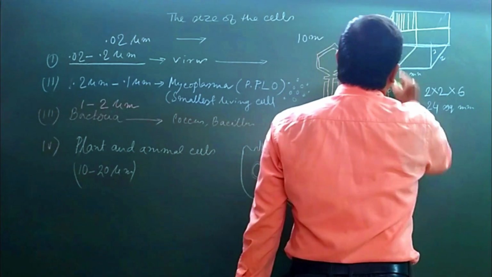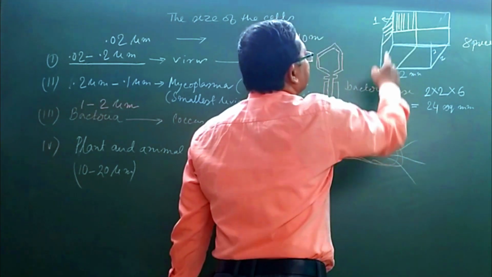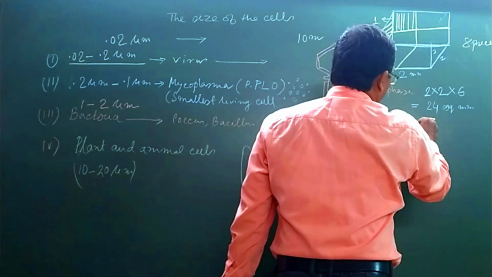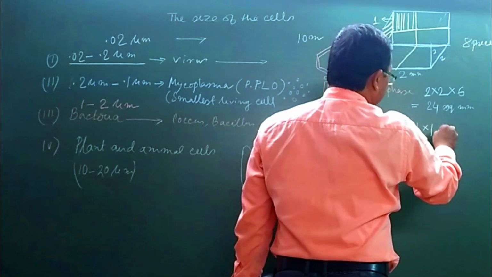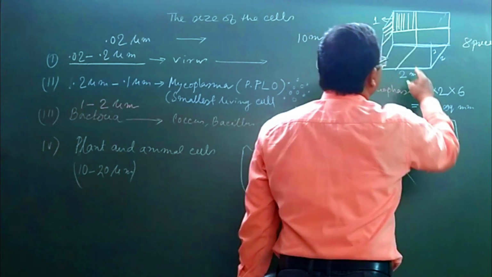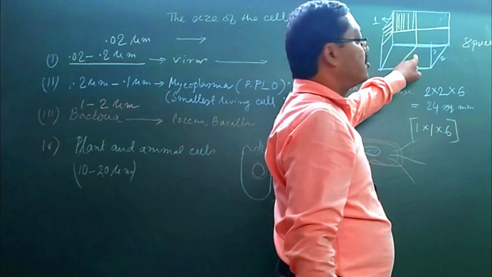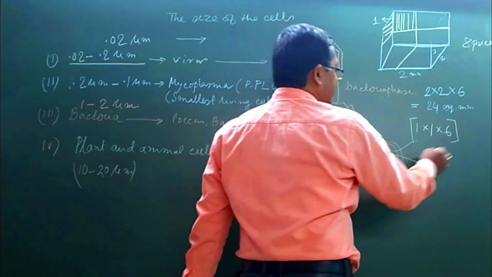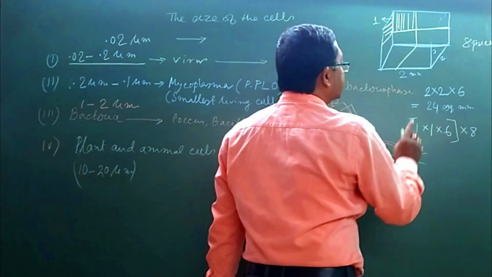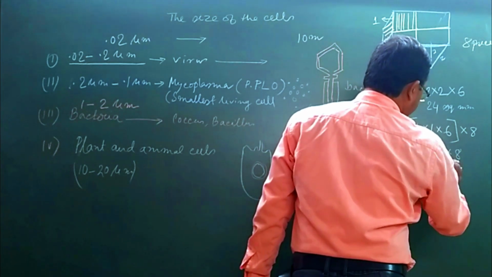When it is 8 equal pieces, each arm has 1 millimeter in length. What happens? 1 length into 1 breadth into 6 faces. How many cubes are produced? When a cube having 2 millimeter arms is divided into 8 pieces, the total surface area will be 6 into 8, 48.